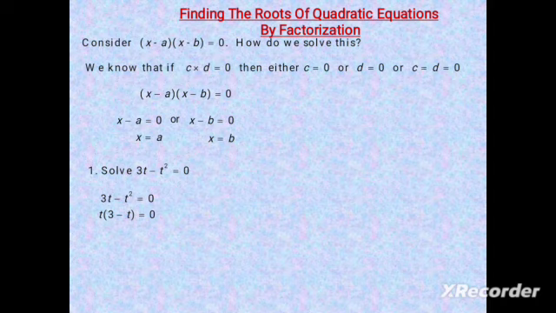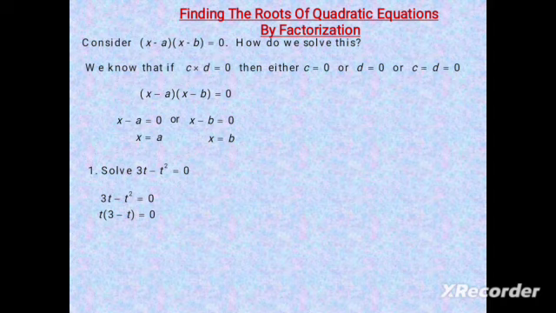We want to write it in the format ax squared plus bx plus c equal to 0. So we are going to take 5x from the right hand side to the left hand side, so that we will be left with 0 on the right hand side. So this means that 4x squared minus 5x plus 1 equal to 0.